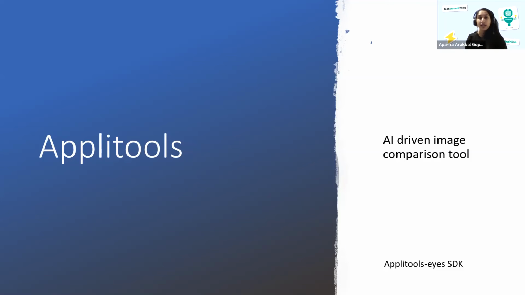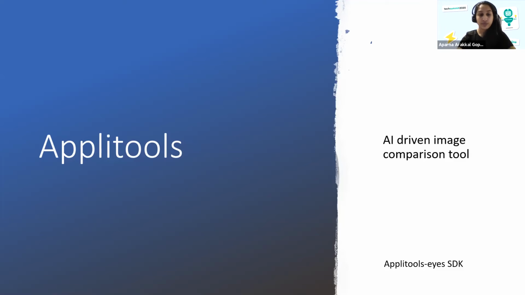It's an AI driven image comparison tool, and it has an SDK called the Applitools Eyes SDK, which gives a variety of options to use with any modern technology. And even if you do not have any particular framework or technology available, it has a jar file.